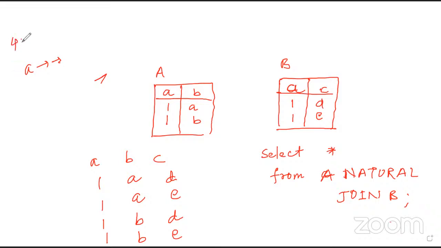Let me tell you the conditions of 4NF. First, it should be in BCNF. Second, there should be no multi-value dependency.